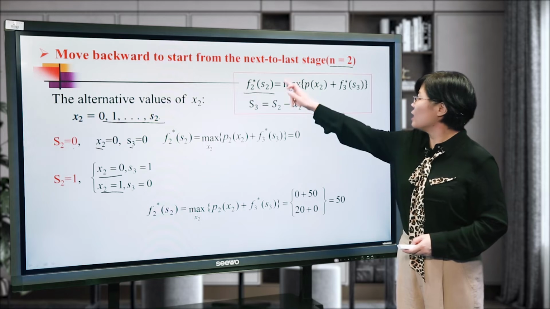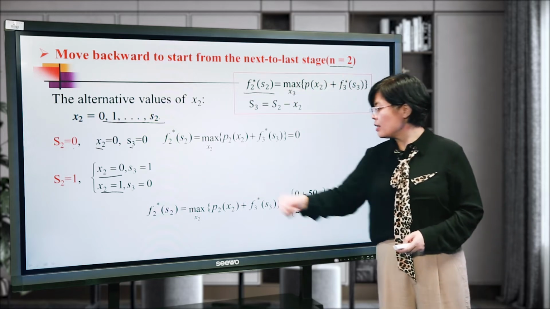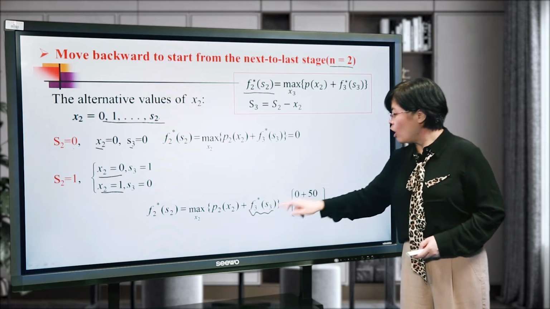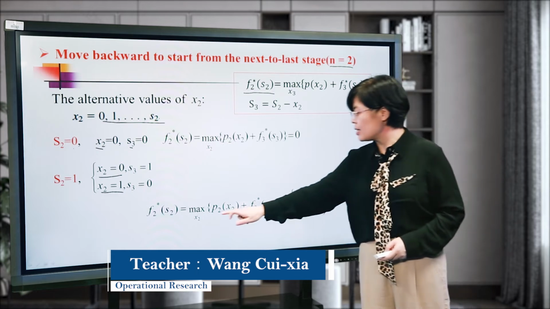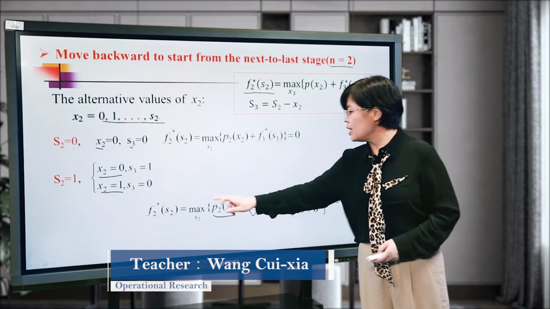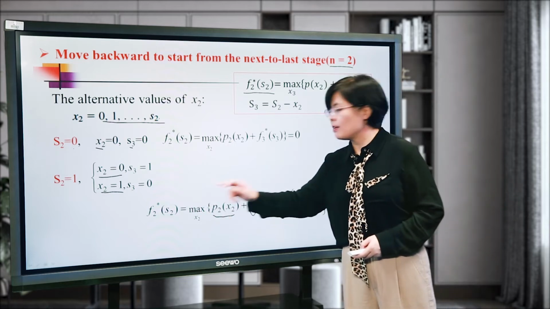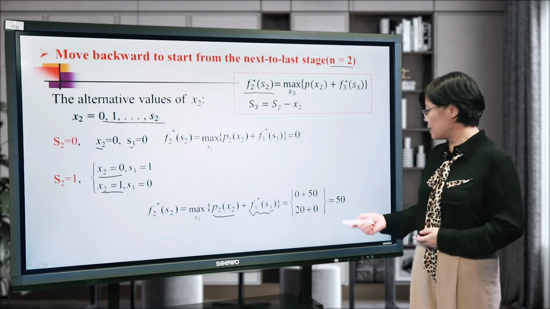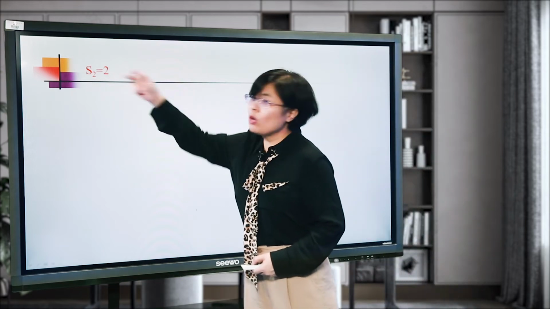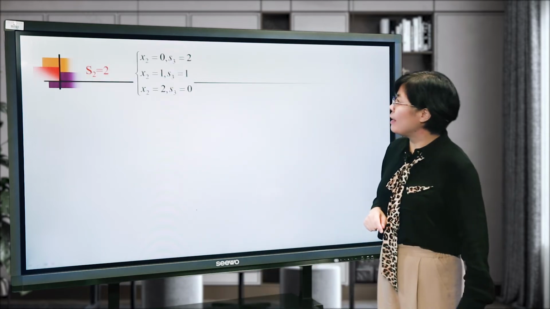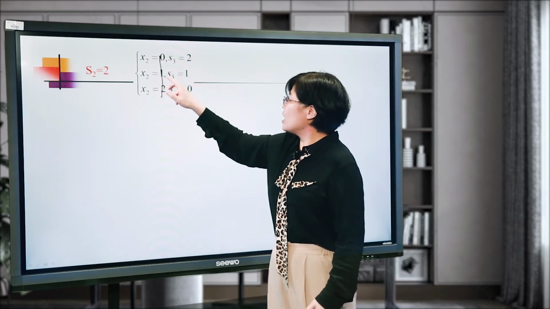We can calculate the optimal performance using this formula. It equals the optimal performance in stage 3 plus this stage's performance, so as to maximize the performance. Now if S2 equals 2, then X2 can be these three numbers, 0, 1, 2.